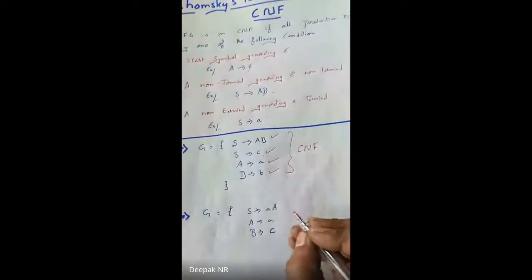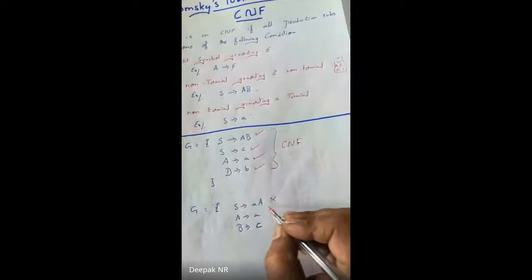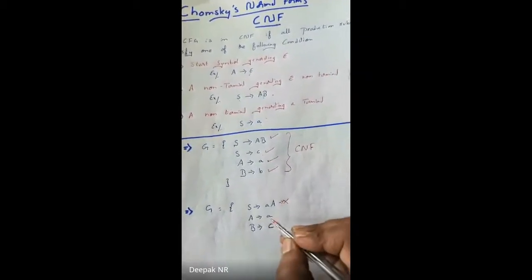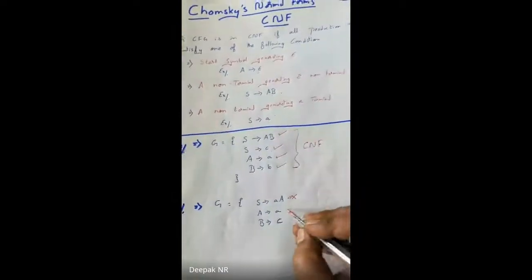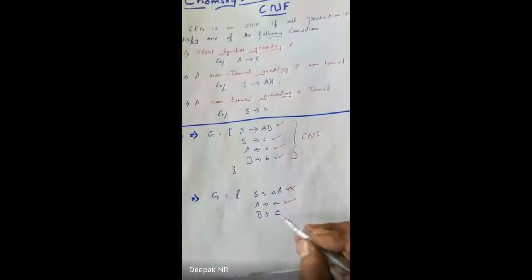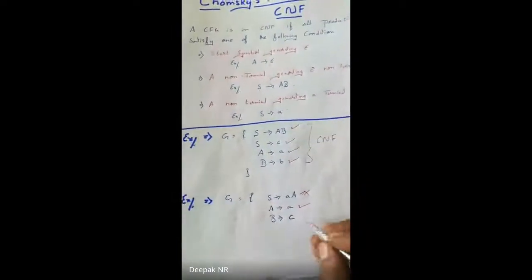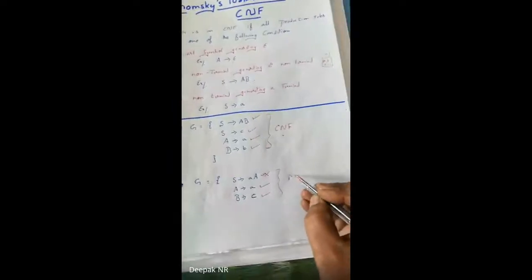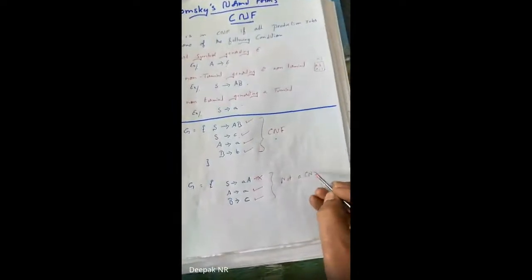Here AA is there, and hence this is not in the form of CNF. Let me check A tends to a. Yes, this holds good because rule 3 says so. B tends to c also holds good under rule 3. Is that clear? This part is in the form of CNF, and this is not CNF.